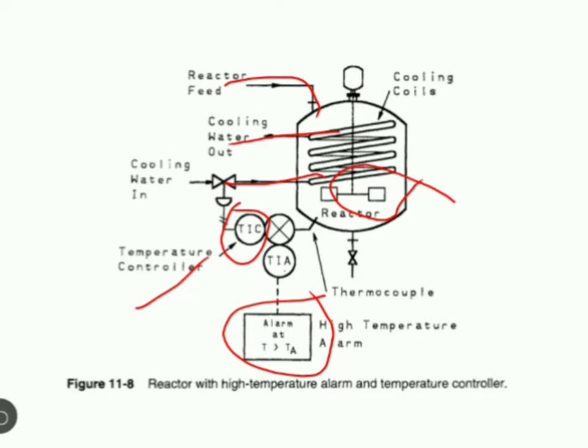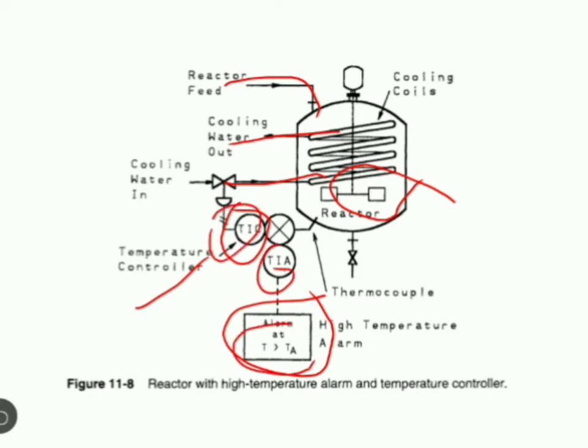Now we can see various interactions involved in that reactor. There is a feed inflow, a coolant inflow, a coolant outflow, and an output of the reactor, and again various safety measures or safety functions installed in that reactor.